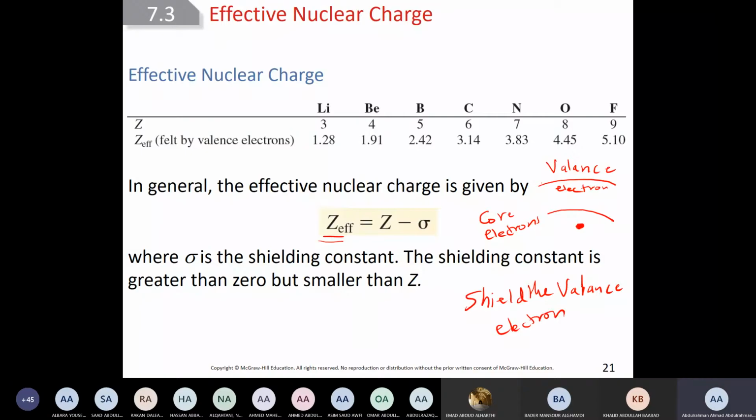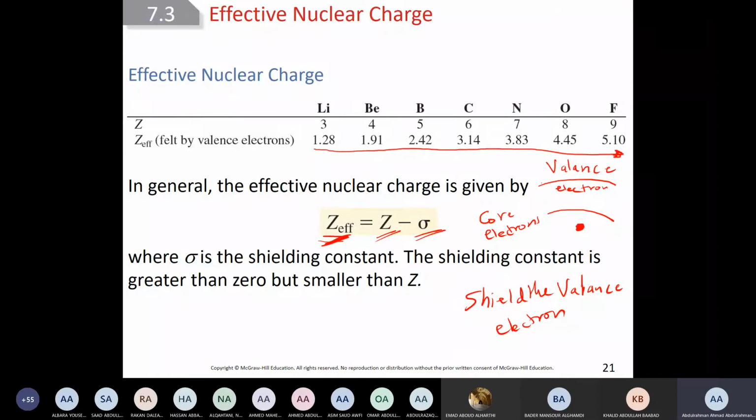Okay, and this is shielding, and this is the atomic number, and that is Z effective, which is the effect of the nucleus on the valence electron. As I told you, the most important thing is I want you to know as you go across the periodic table what's happening to Z effect.